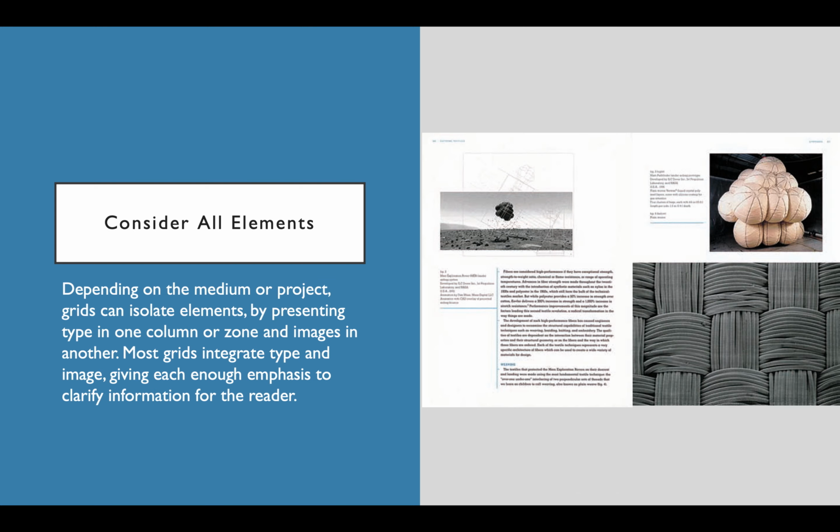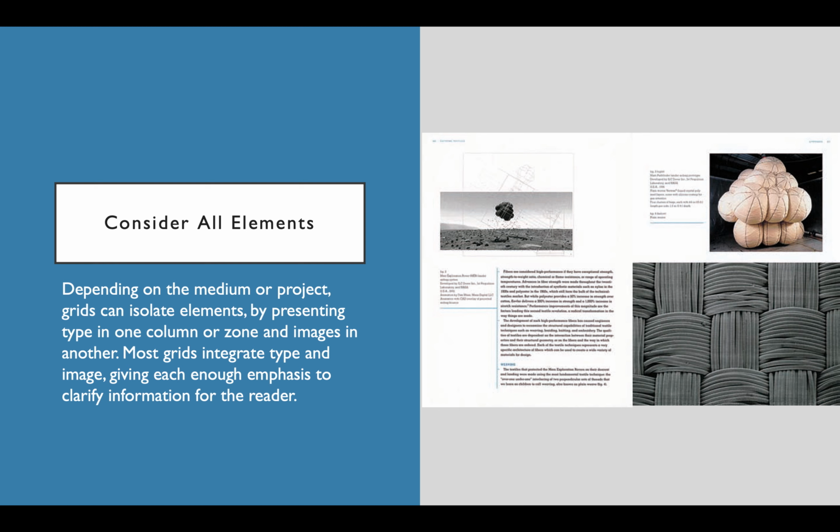Now, when you're setting up your grid in the first point, make sure that you consider all the elements you're going to need to work with. Are you designing a book where you have text, images, subheaders, running titles at the top, page numbers, captions, etc.? Is it a magazine where maybe the images are more important, but there's still going to be text?